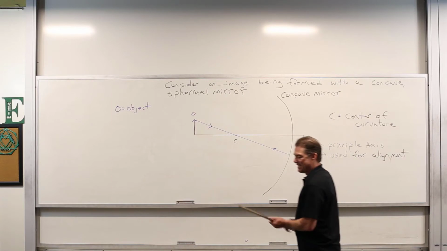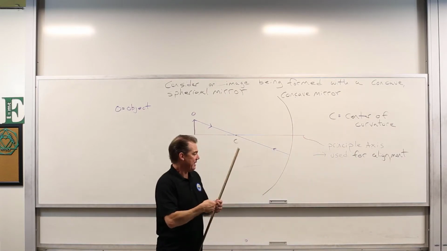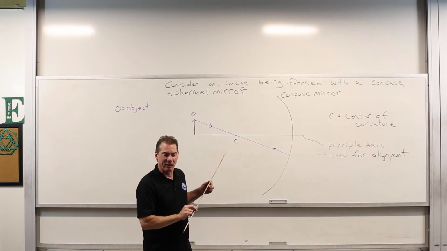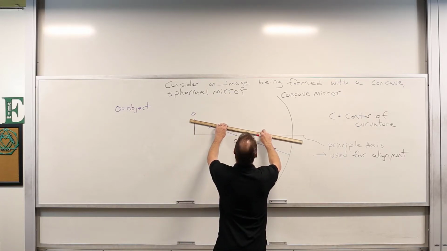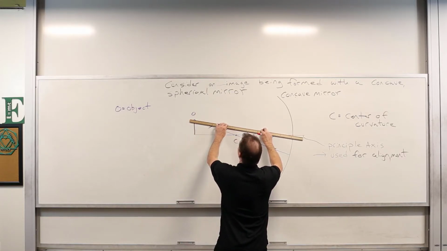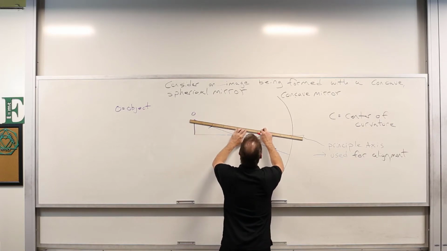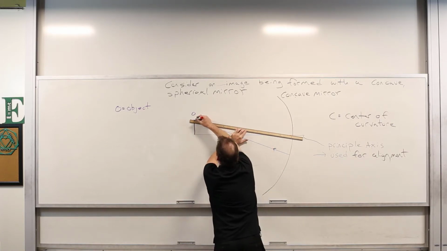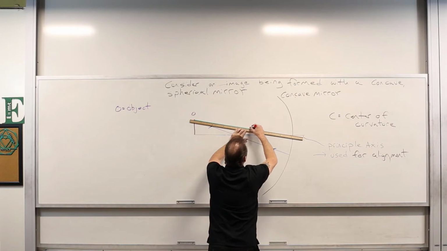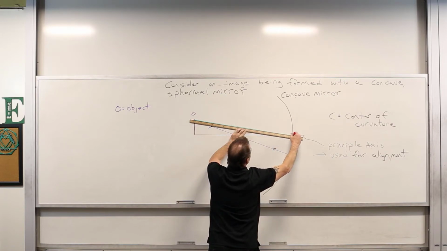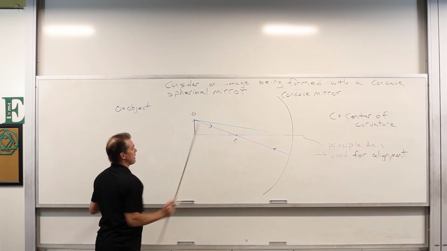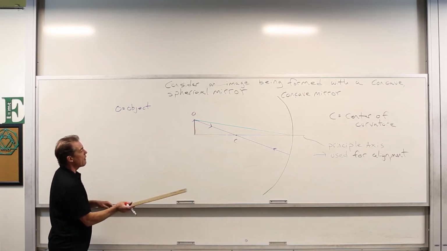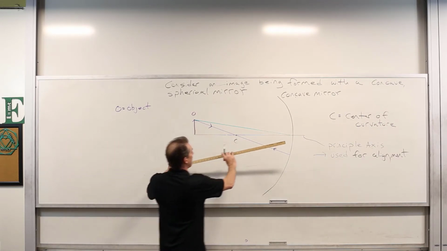I'm going to draw this one in green. Green's a little hard to see, but we should still be able to see it. Considering this ray going from the tip into the intersection point of the principal axis and the mirror, it will reflect off at equal angles about that principal axis.